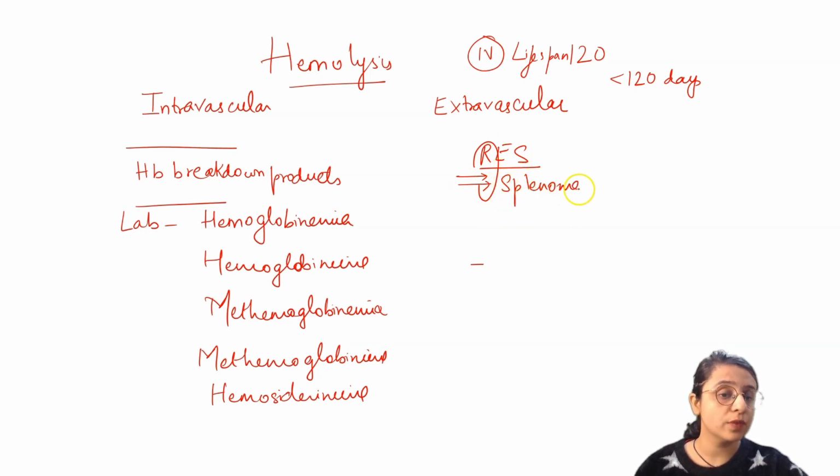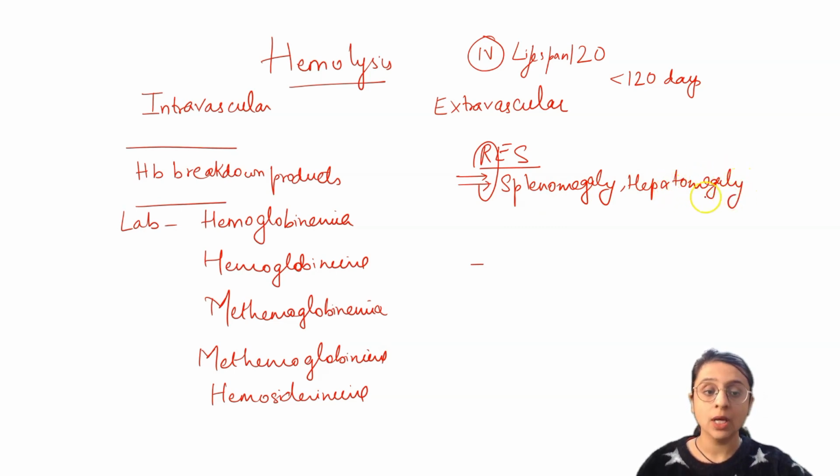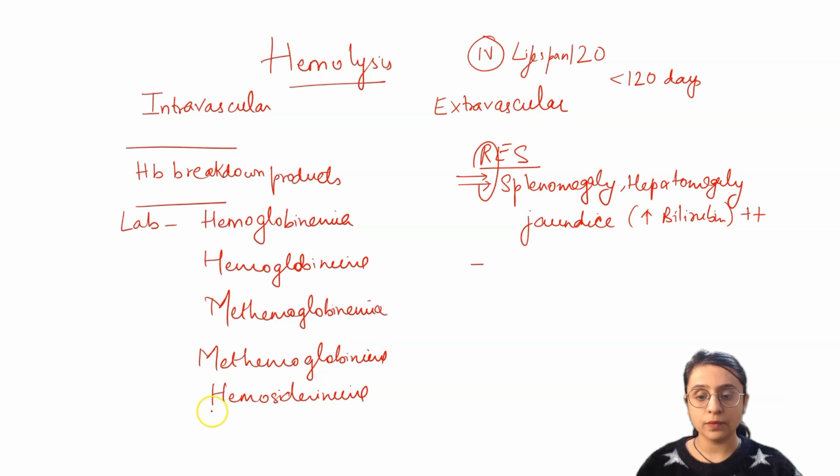Because of this continuous function, spleen is trying hard to get cleared of these RBCs. ठीक है, तो splenomegaly, hepatomegaly will be there. So hepatosplenomegaly is one manifestation. Along with that, the severity of jaundice will be much more here. ठीक है, because of increased bilirubin, the severity of jaundice is higher in case of extravascular hemolysis, whereas in case of intravascular hemolysis, mild jaundice is there, right?